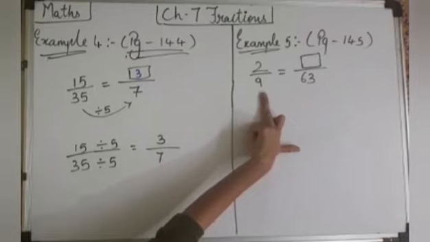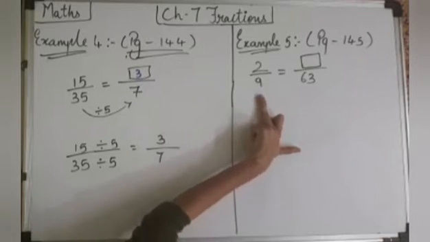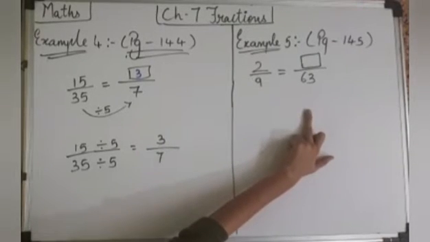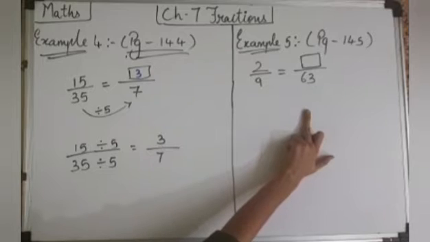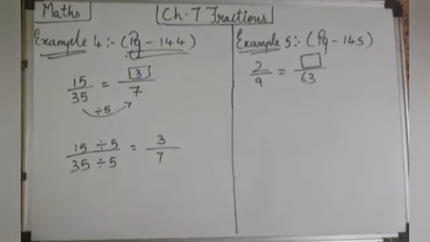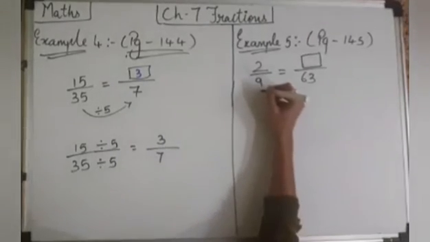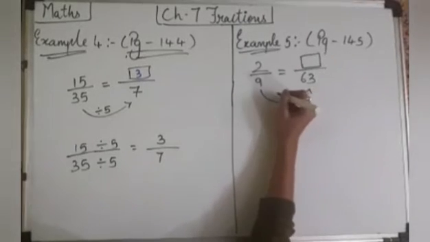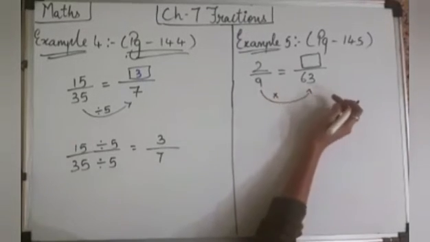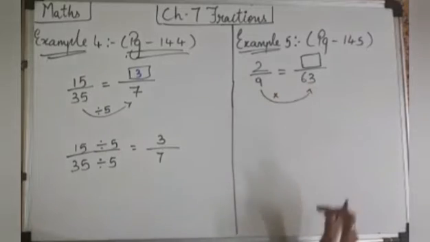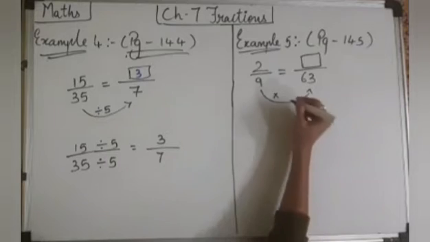Right? So, if the number is smaller and we want a bigger number, then what do we have to do? We have to multiply. So, by which number will we multiply 9 so that we get 63? We will multiply by 7.